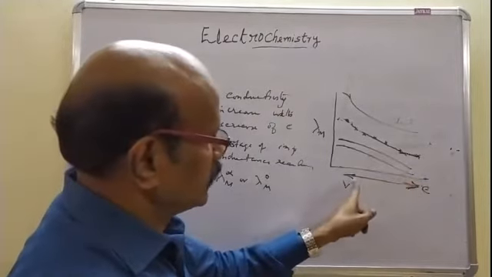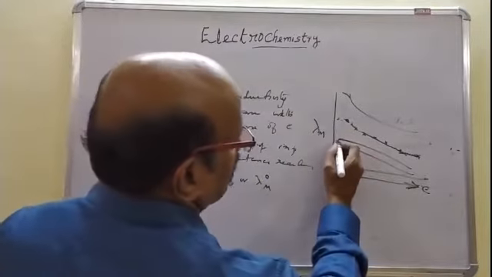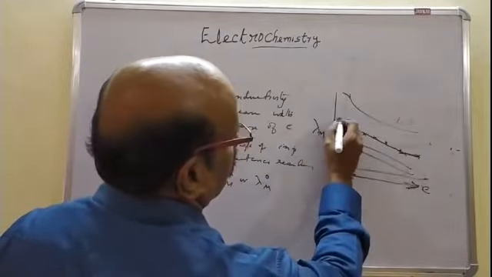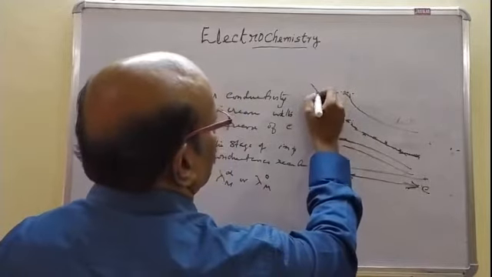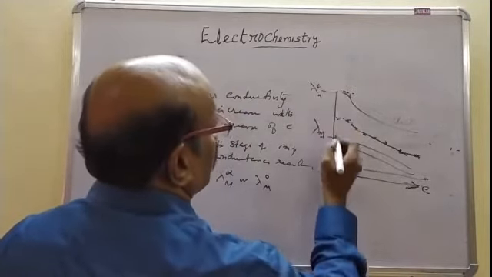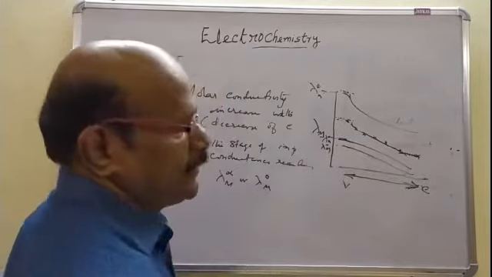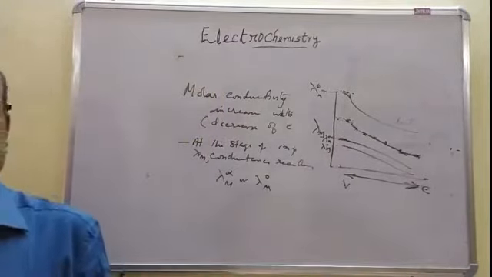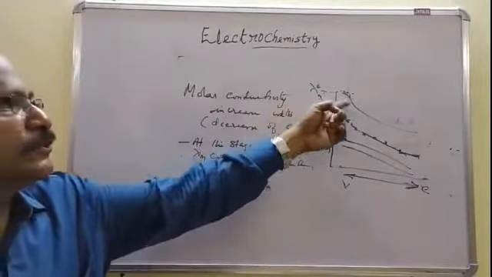As the concentration decreases, as the dilution increases, the value gradually increases and finally reaches a limiting value. This limiting value is called lambda 0 m or lambda infinity m, the molar conductivity at infinite dilution.